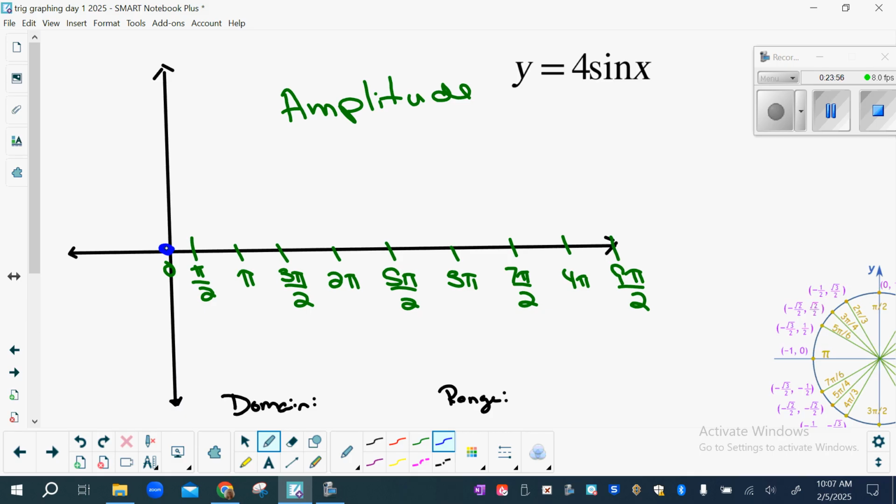Now, sine always starts at 0. But in this case, our amplitude is 4. It's a bigger wave. So it's not going to just go to 1. It's going to go to 4. And it's going to go back to flat ocean. And it's going to go down to 4. And back to flat ocean. And up to 4.